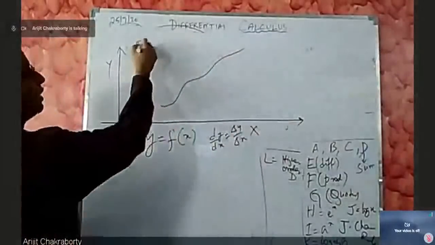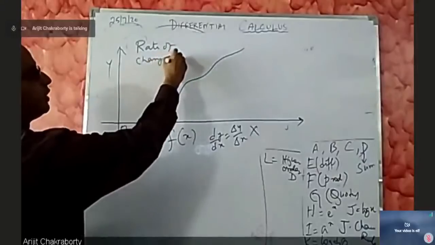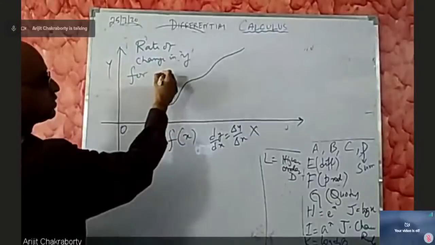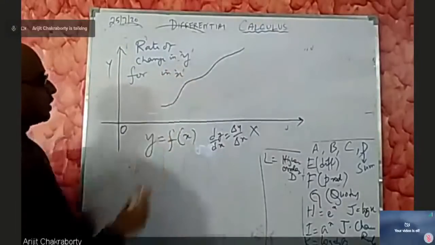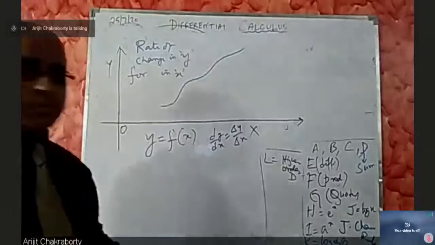I am writing here the rate of change in y for a given change in x. If x changes, then y will change. What is the impact of the change in y?